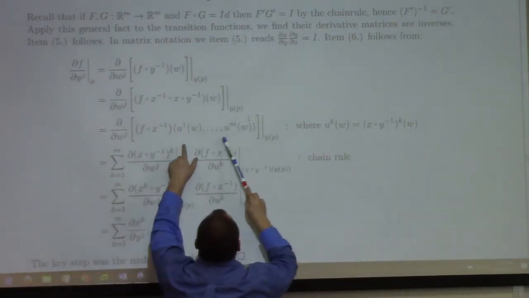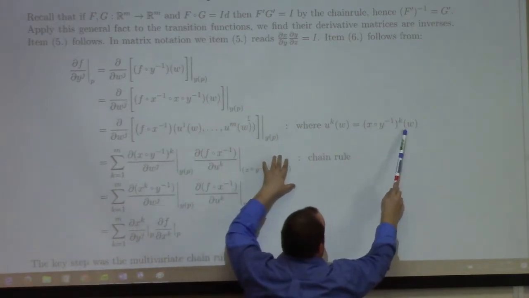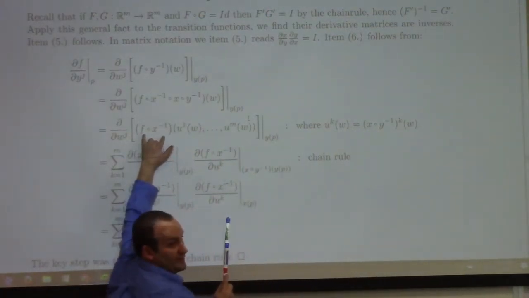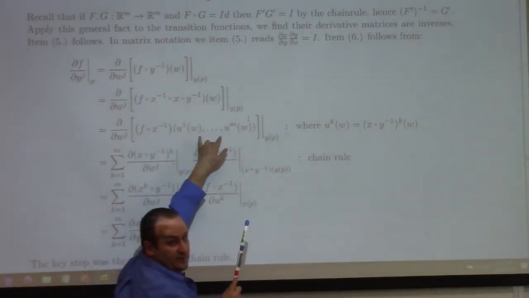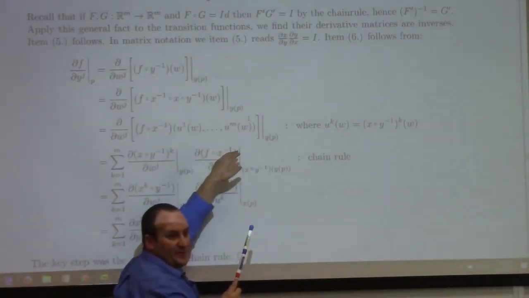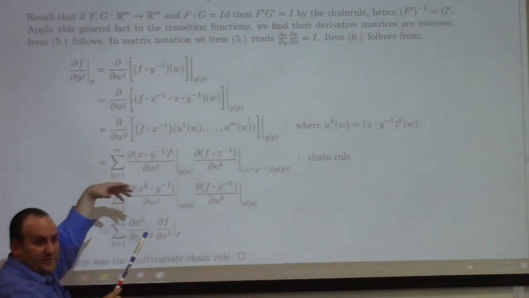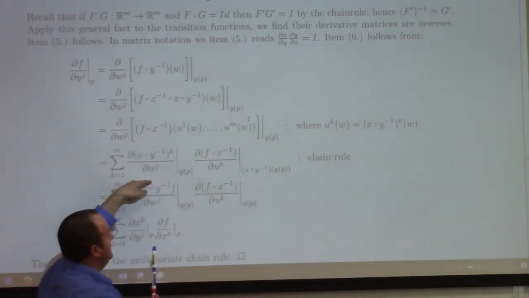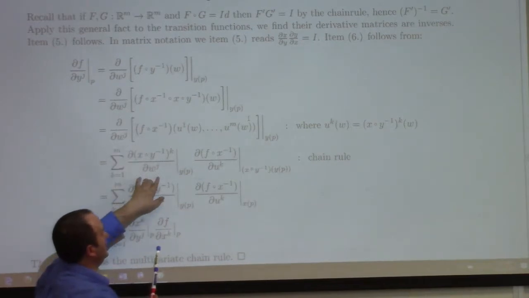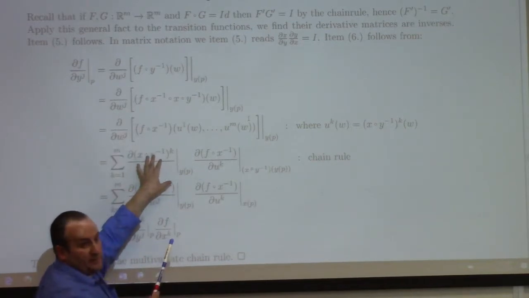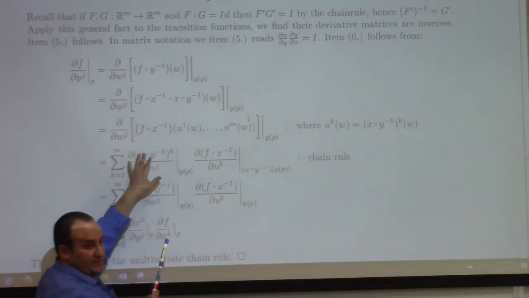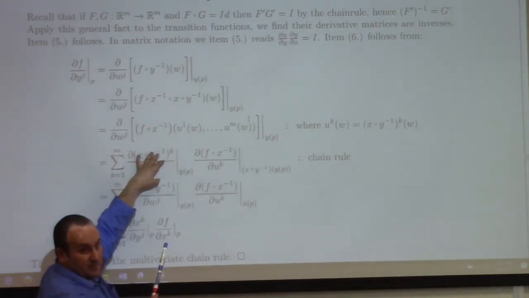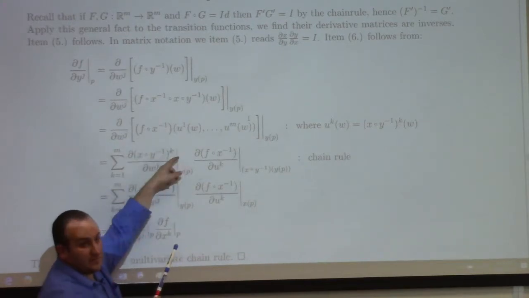Where u1 of w is x composed of y inverse of that, right? So I'm looking at the composite of a function from Rm to Rn with another function from Rm to Rm. I forgot which m and which n, but it's the composite of functions on Rn. And so I can do the ordinary chain rule here, which is the chain rule written in terms of matrix multiplication of Jacobian matrices. This is literally the matrix multiplication of two Jacobian matrices of the composite of two functions.